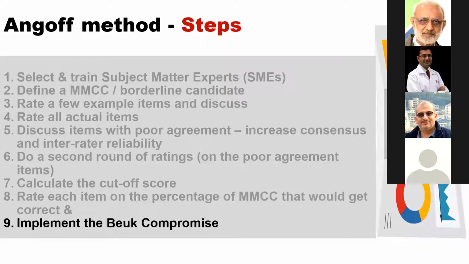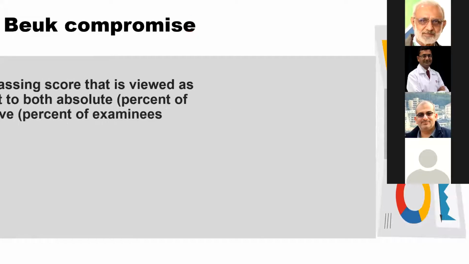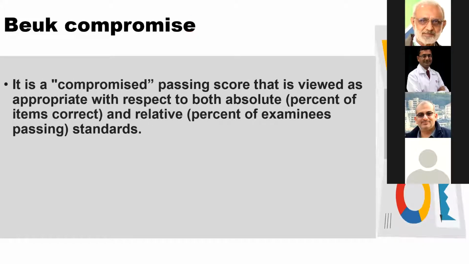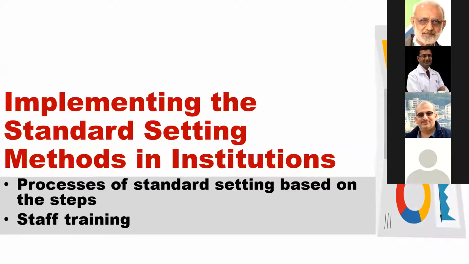And then the Beuke compromise is implemented. Beuke compromise means a passing score that is viewed as appropriate with respect to both absolute as well as relative standards. That means a score or a result which makes sense.